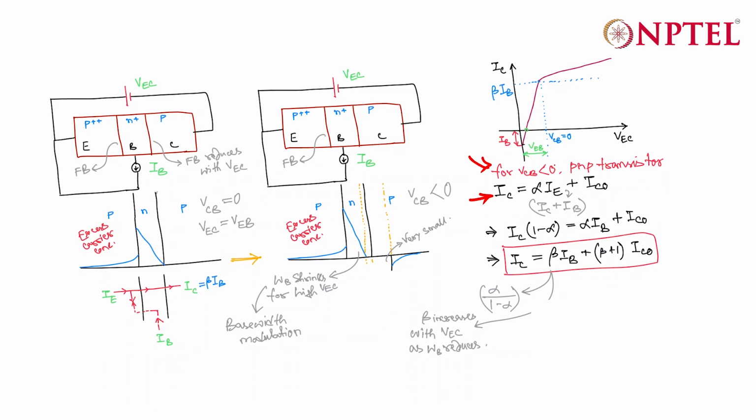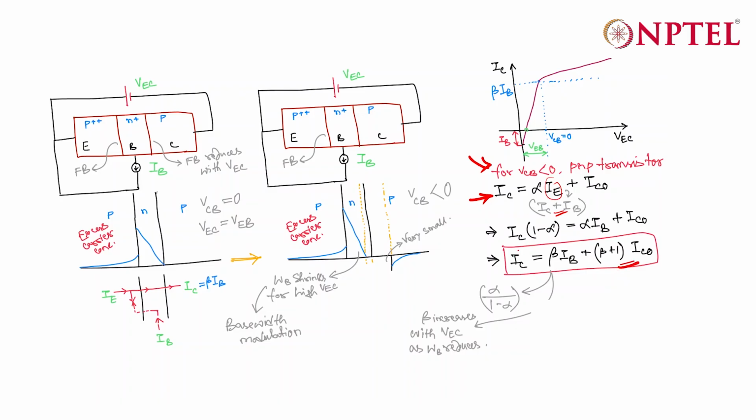Now let us convert the entire expression in terms of IB, and that is why you can replace IE with IC plus IB. This will lead to IC into 1 minus alpha is equal to alpha IB plus ICO, and hence it will be IC equal to beta IB plus (beta plus 1) ICO, right?